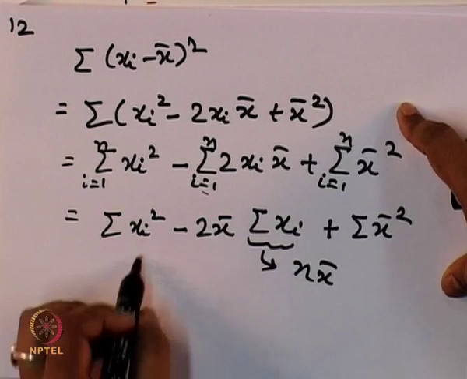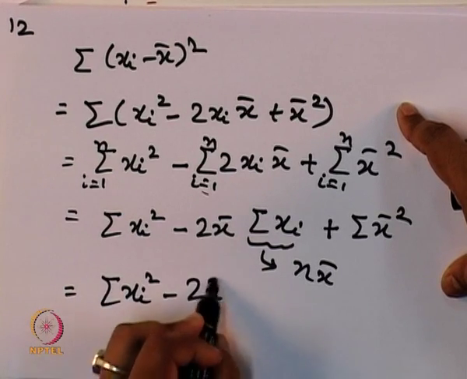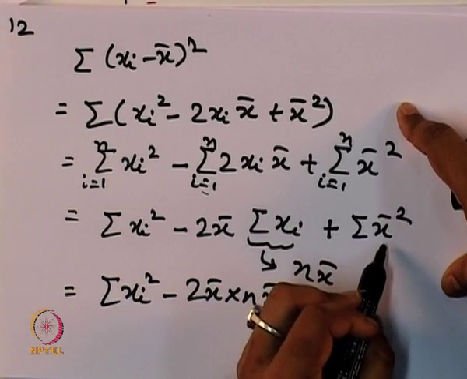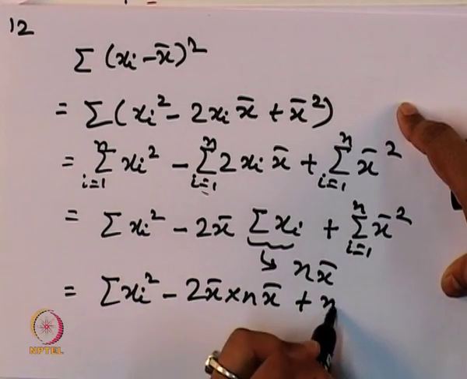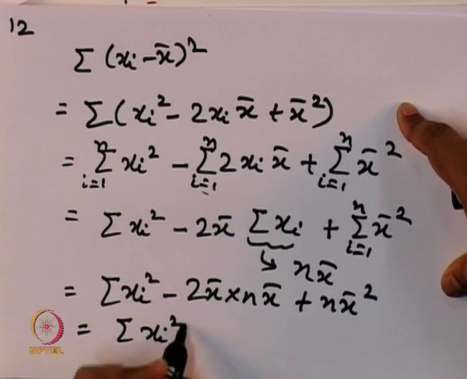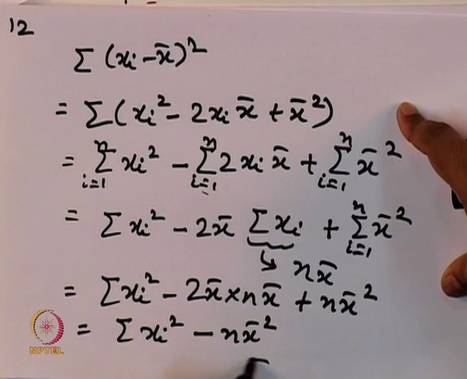So this equation then becomes summation xi square minus 2 x bar into n x bar, and summation x bar square summed up n times, i equal to 1 to n, will be n x bar square. So this final expression is summation xi square minus n x bar square.